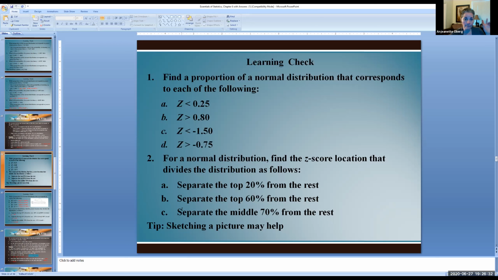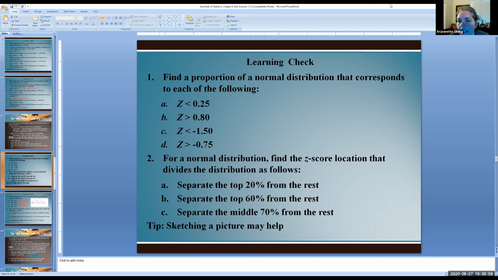Okay, so we're going to go into this learning check, and I'm looking at z equals less than 0.25, greater than 0.80, less than -1.5, and greater than -0.75, okay?